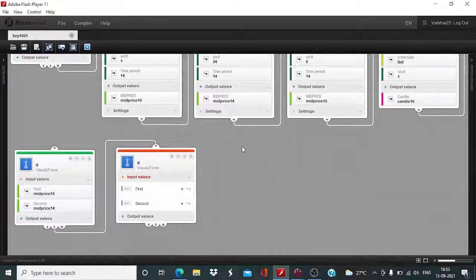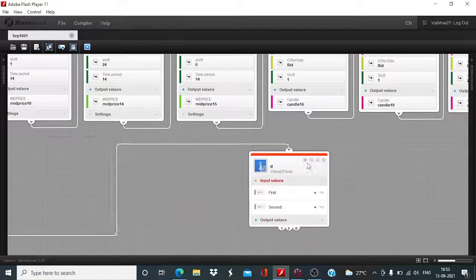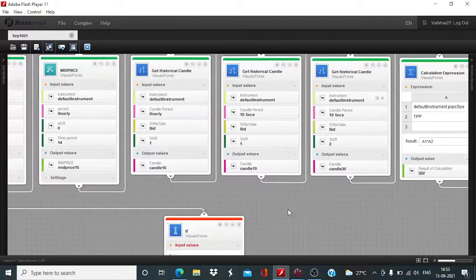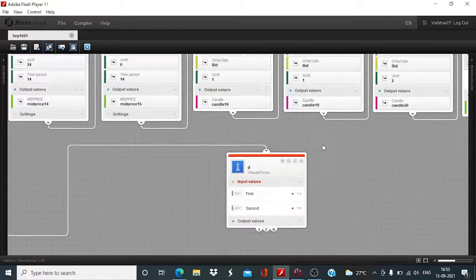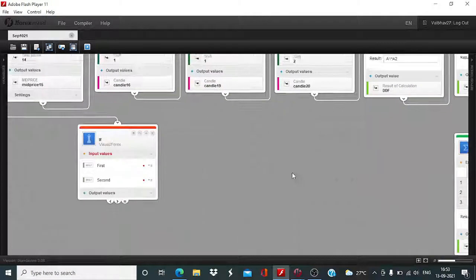Okay, and after that the second condition is also quite simple. We have to make sure that the closing value of candle 16 is lower than this newly created variable, which is simply deducting 30 pips from the last hour's mid price.